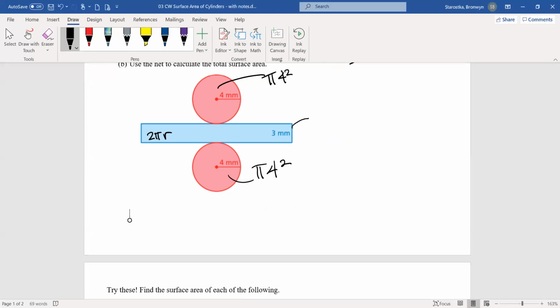So the rectangle is going to be 8 pi, the circumference, base times height, times 3. So 24 pi.